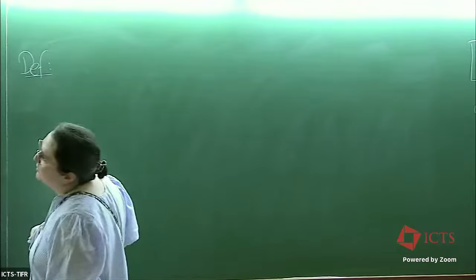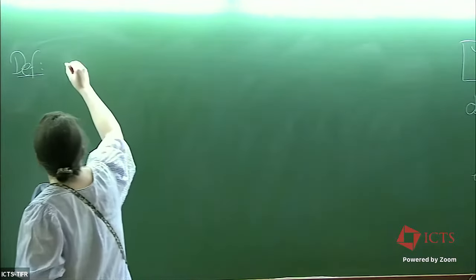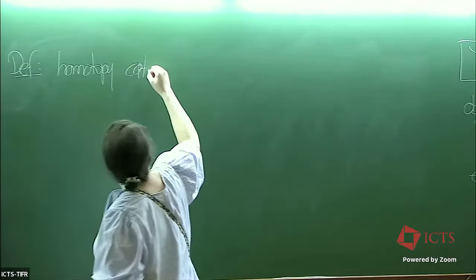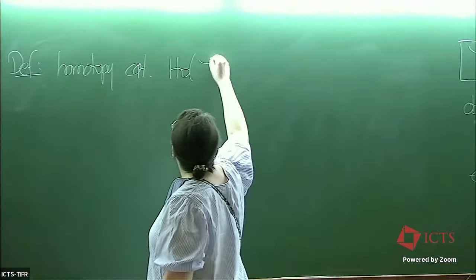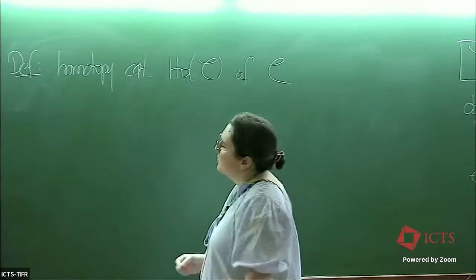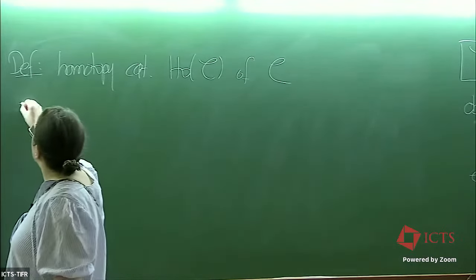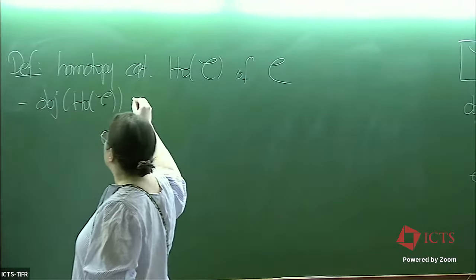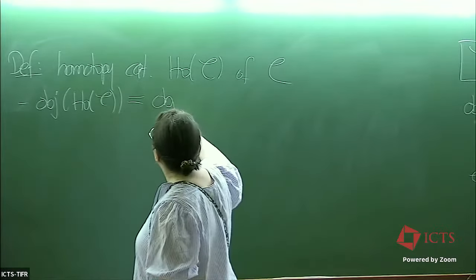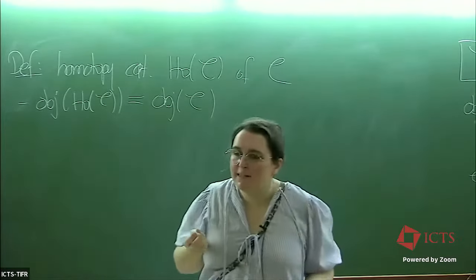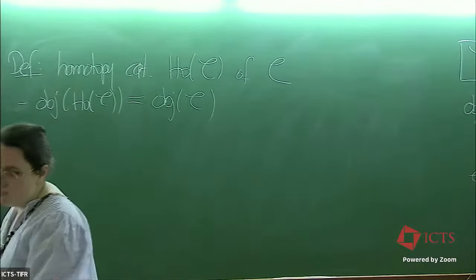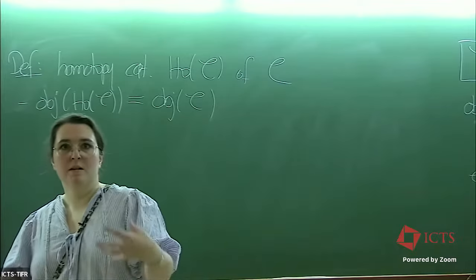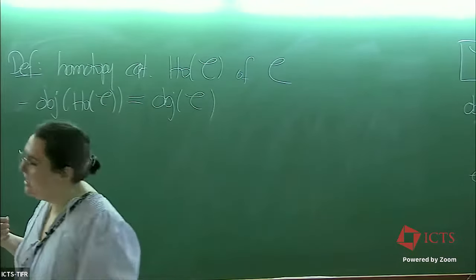So if you have a model category C, then the homotopy category of C is the following things. So the objects of the homotopy category are just the same as the objects of your original underlying category. But for the morphisms, you take homotopy classes of morphisms rather than the morphisms you had.